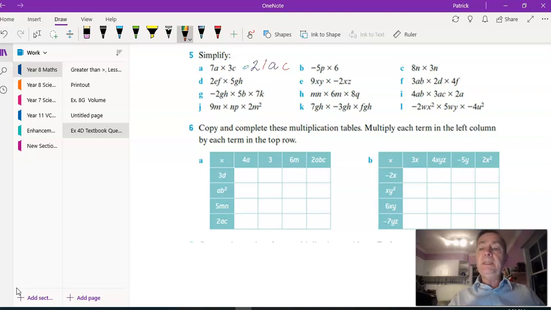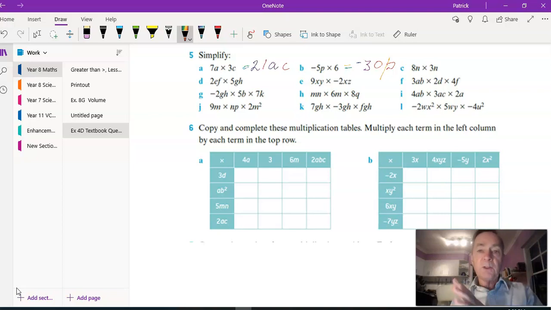In part B, of course, we remember that there's negative numbers and all the number laws apply. So that's negative 30p. You're going to do this neatly in your books, of course. Why? Because we've got a negative times a positive, and a negative times a positive is always a negative. Remember, all number rules apply.